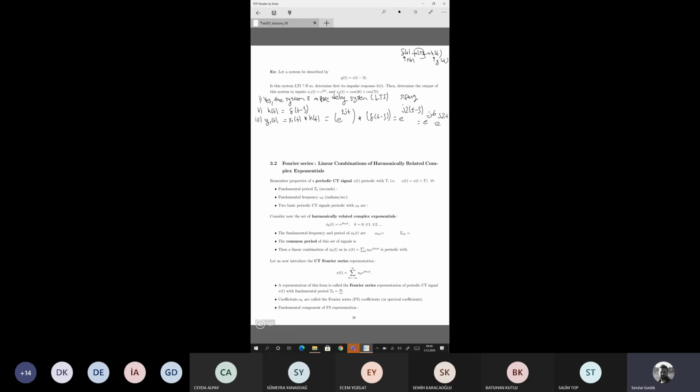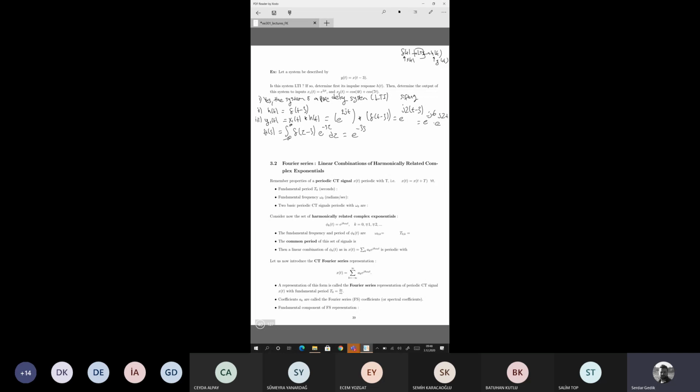So let's try to use this h of s approach. If you try to find h of s, it is simply the integral from minus infinity to plus infinity of impulse of tau minus 3 times e to the power minus s tau d tau. Again, by using shifting property, it is e to the power minus 3s. So this is my h of s.